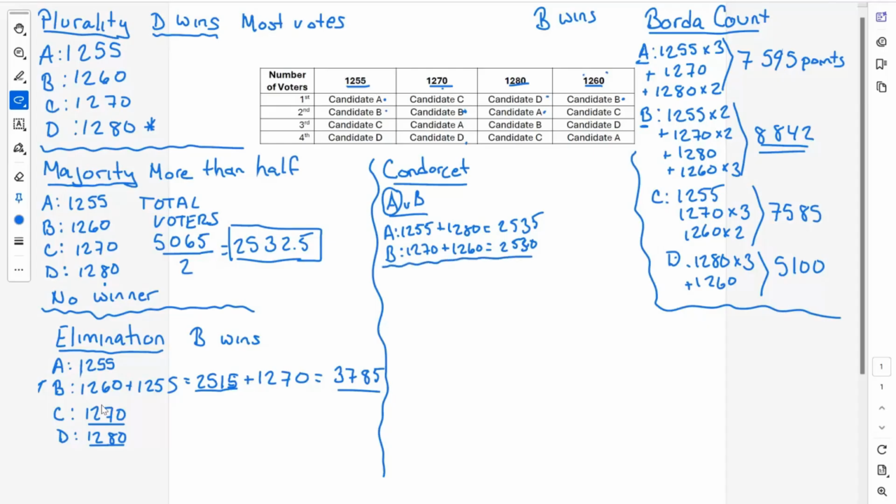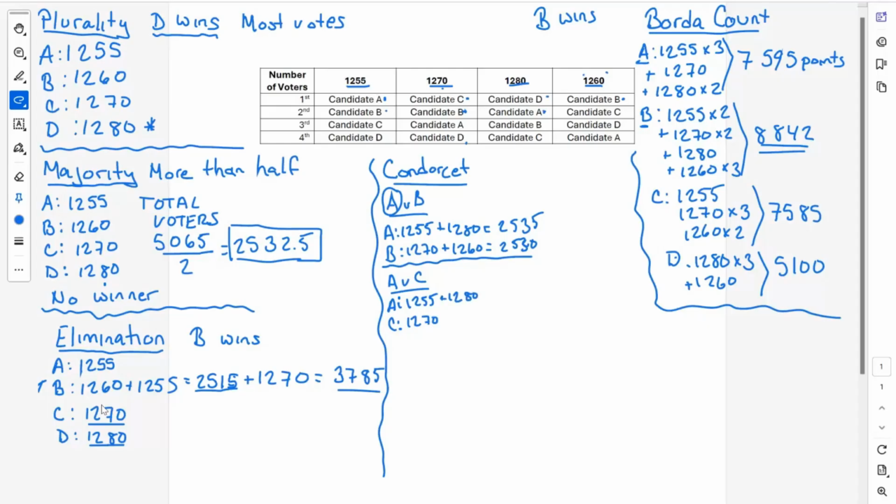Now, if we consider only A and C, we pretend that B and D don't exist at all. Then these 1,255 people like A better than C, so A gets 1,255. These 1,270 people like C better than A, so C gets 1,270. These 1,280 people like A better than C, so A gets 1,280 more votes.